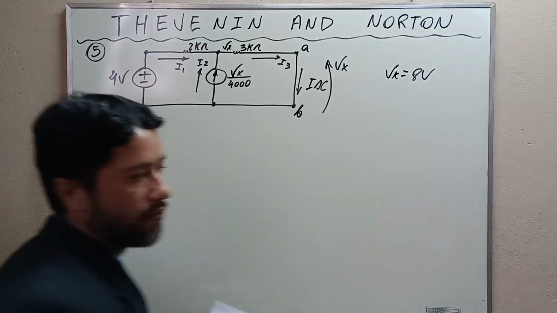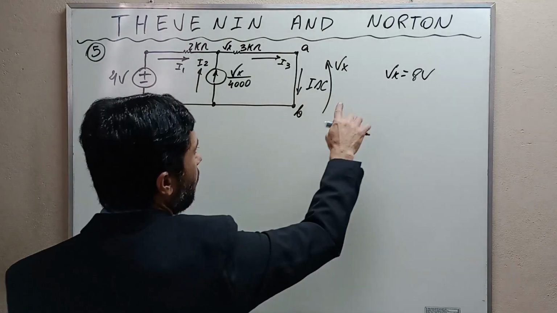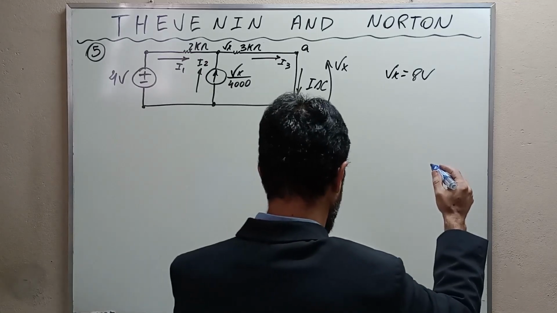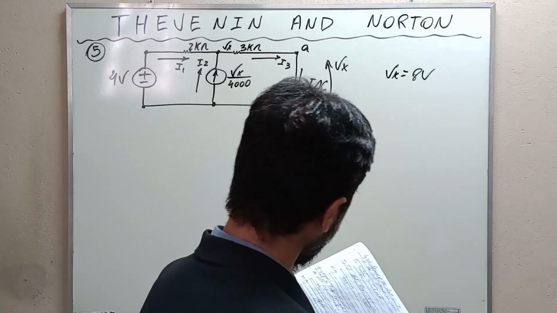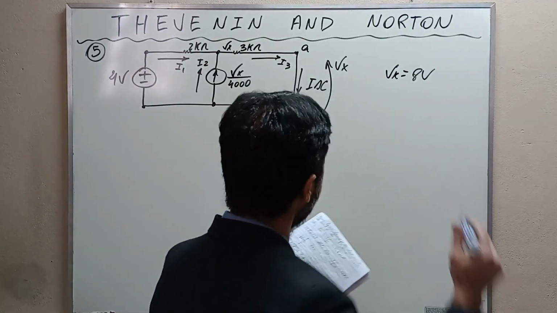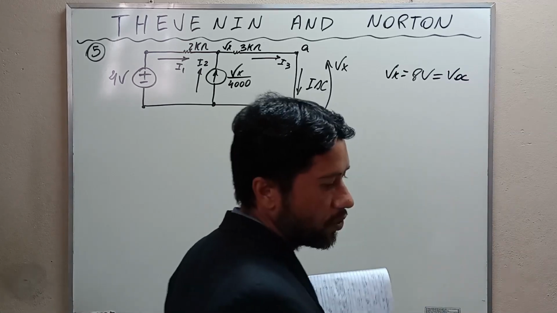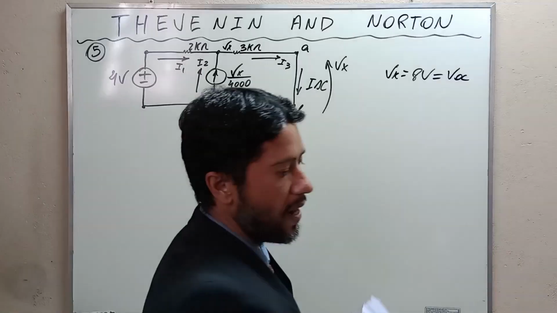As it is now a short circuit, Vx is equal to 0. Vx was the open circuit voltage, okay? This was the first value for Vx.